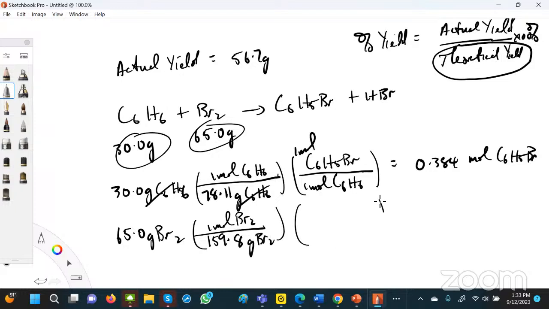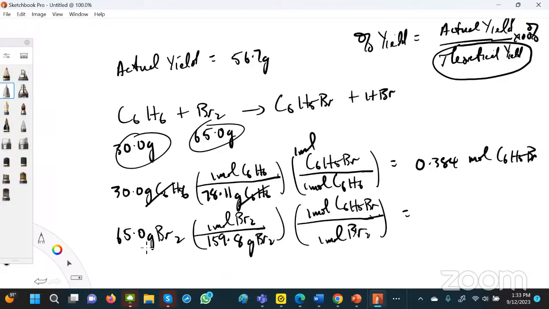And then what would be the next conversion factor? What goes down here and what goes up top here? One mole of C6H5Br will go above, and down here you're going to have 1 mole of Br2.